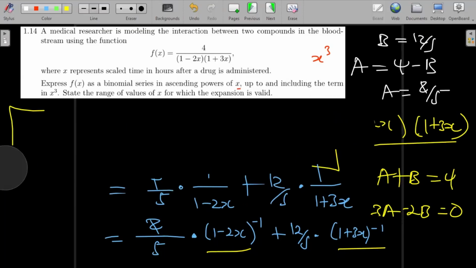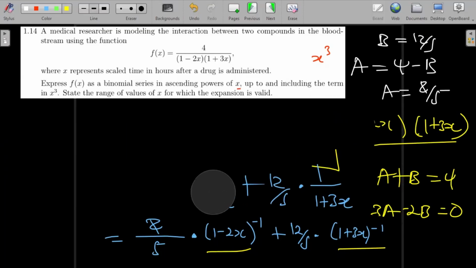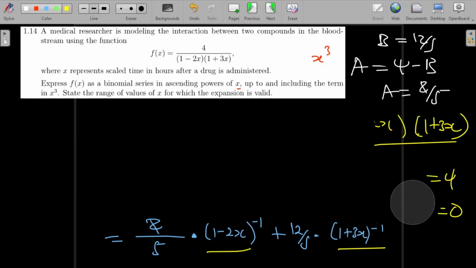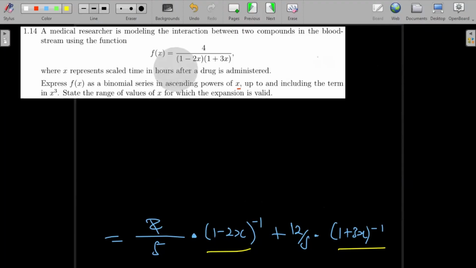The binomial theorem that we're going to use here is the binomial theorem for rational numbers and negative numbers.